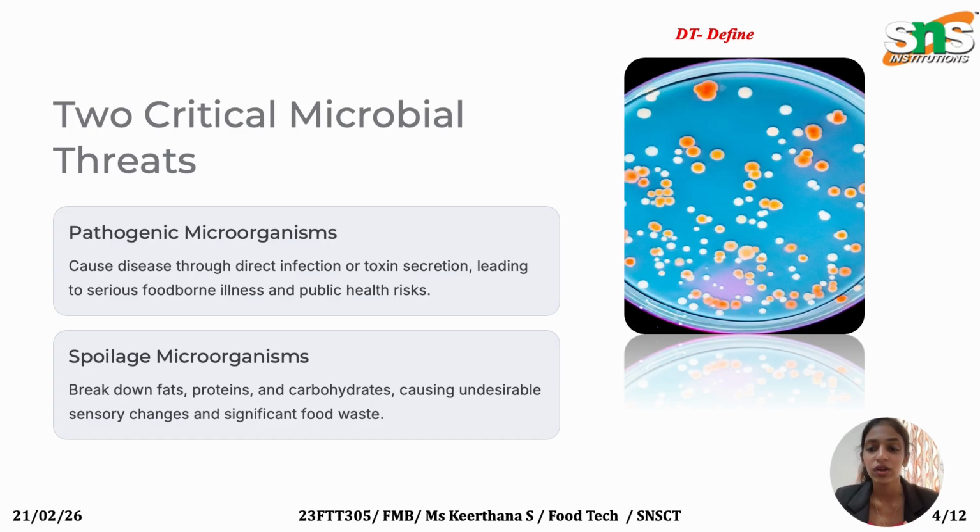Pathogens are harmful organisms that can cause foodborne illness, whereas spoilage microorganisms may not always cause illness, but they can destroy the quality of the product, resulting in slime, odor, gas, and discoloration. Both are equally important from an industry perspective.